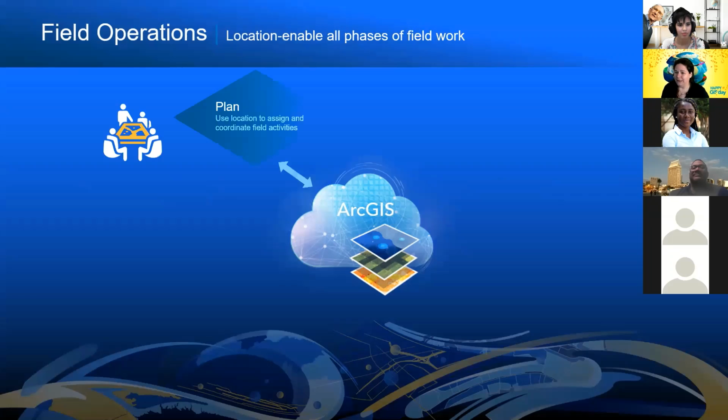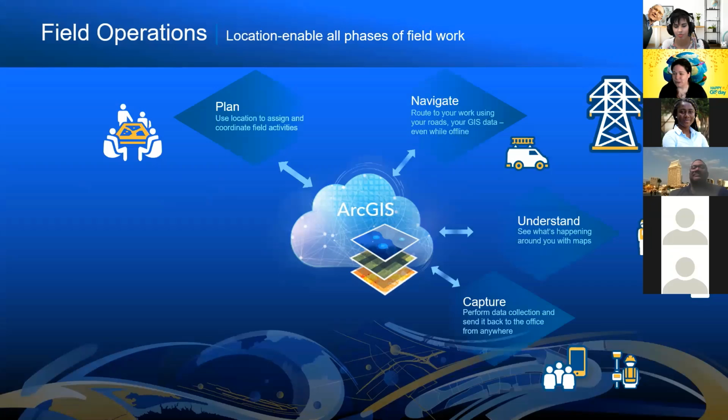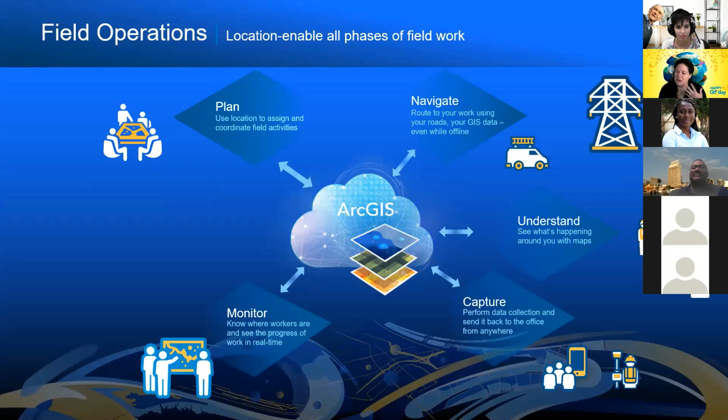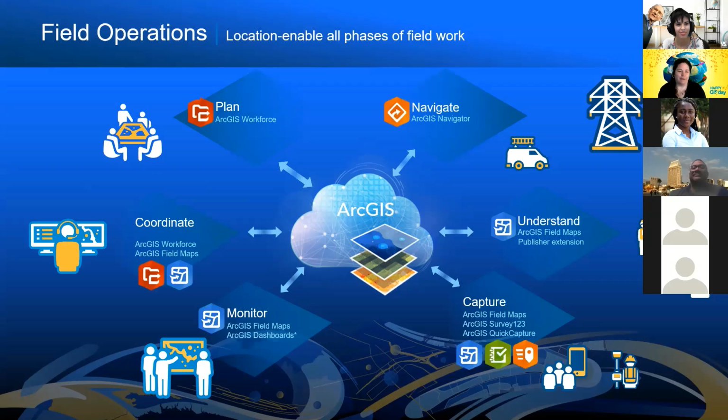You have to plan it, you have to get to it, you have to understand where you are in relation to other things around you, you have to collect the data that you're actually there to collect, and if you're back in the office, you want to monitor and know where workers are, what the status of data collection is, and you want to coordinate all of that. And that's a lot to keep track of. But we actually have, as part of the ArcGIS platform, apps for every single one of these phases.